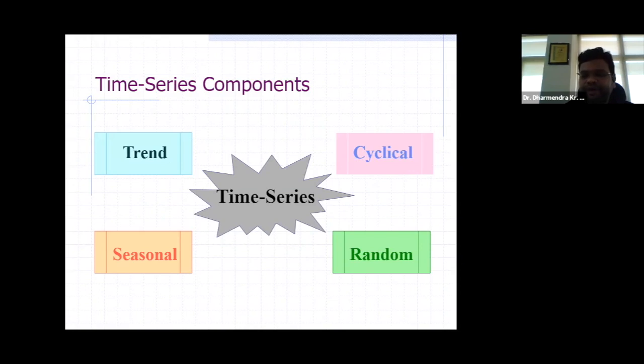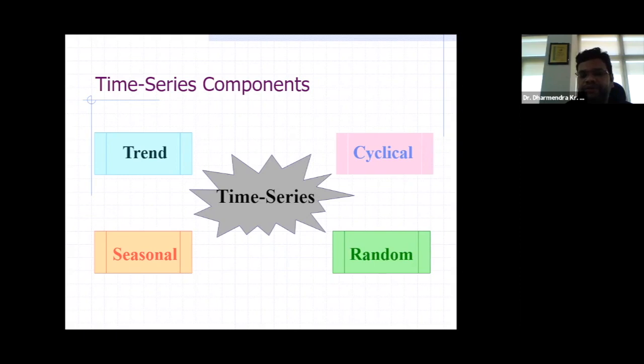So what do you mean by trend? Always remember that trend is long-term, more than 1 year. From one month you cannot decide what the trend is. It needs data from more than 1 year.